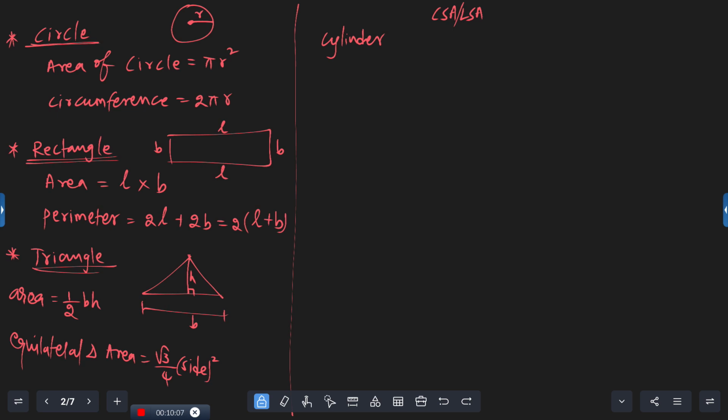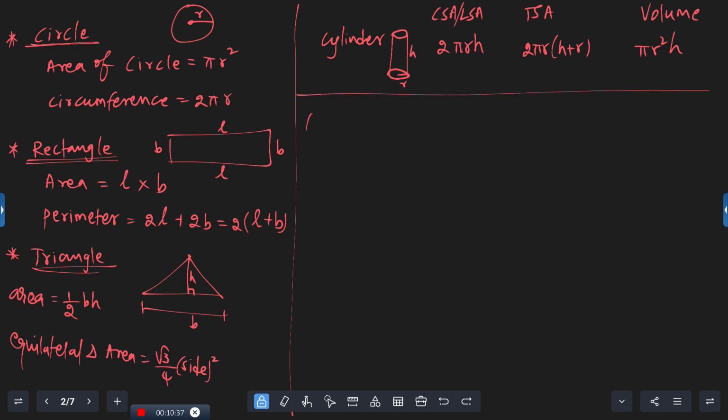If there is no curve, like a cuboid, cube and all, they'll use lateral surface area. Cylinder means 2 pi r h. Total surface area is 2 pi r into (h plus r), and volume is pi r square h. Cylinder shape, if you want you can draw, that is h, this will be r.